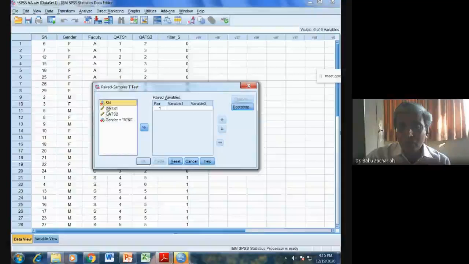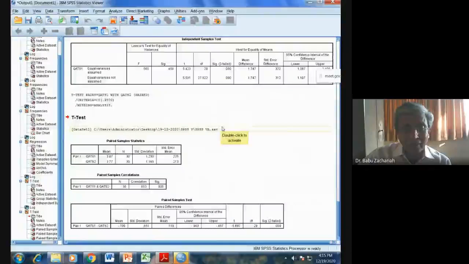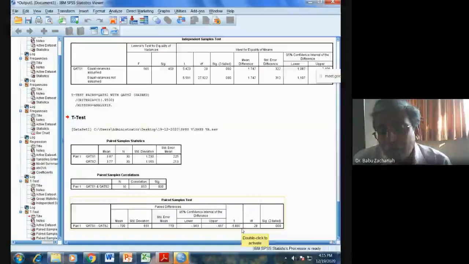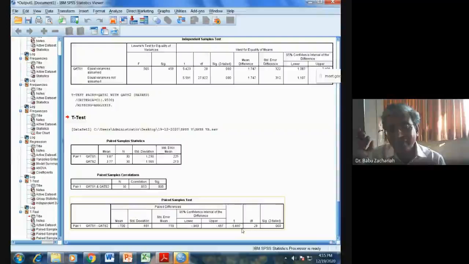Here we choose quartz 1 as variable 1 and quartz 2 as variable 2, and perform the test. Here the difference is written, and further the t value is minus 5.88 and the significance is 0.30 something. That is a much smaller value than 0.05.